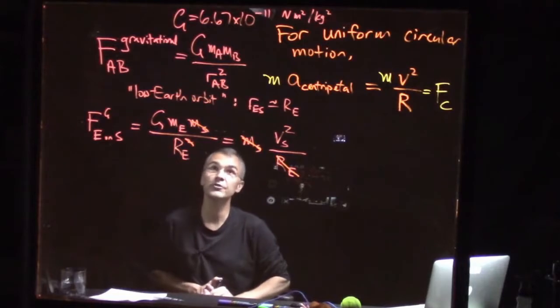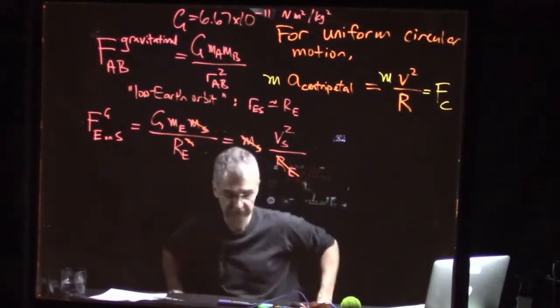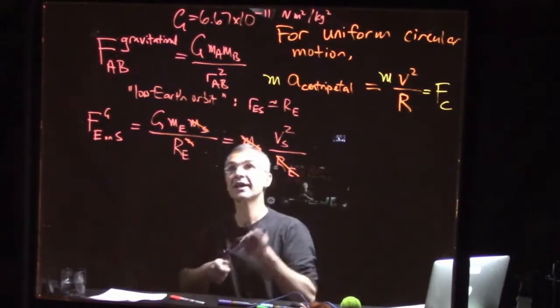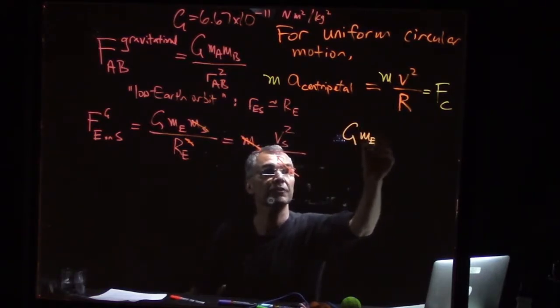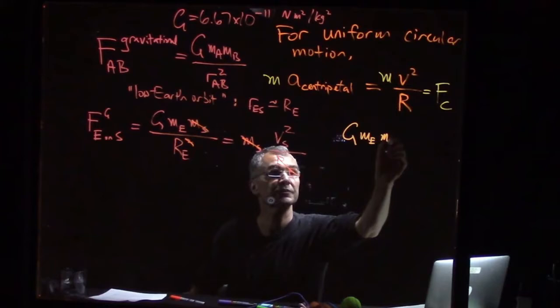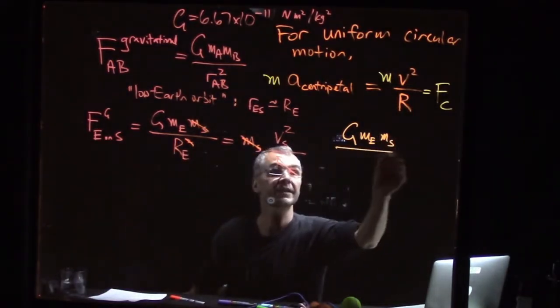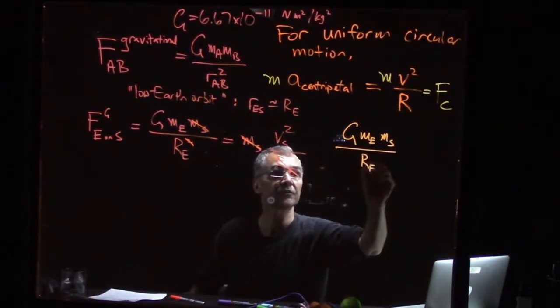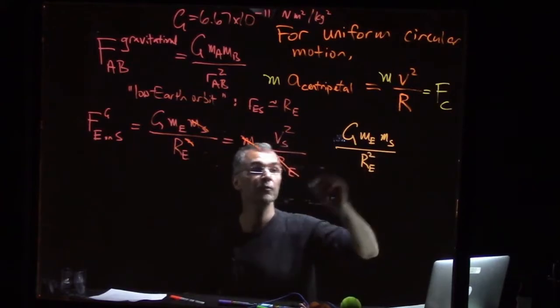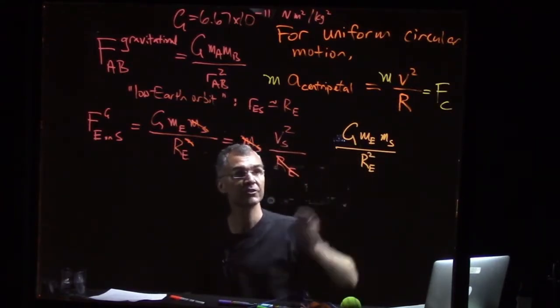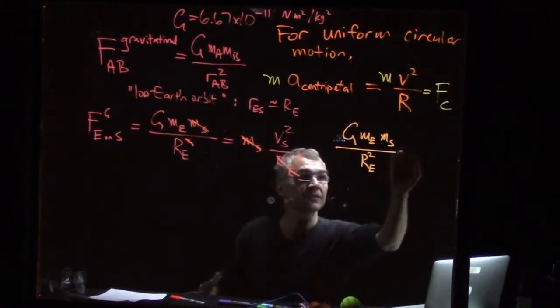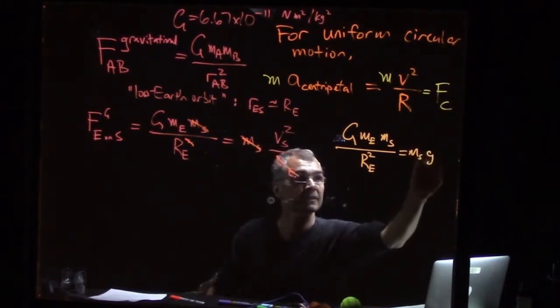Oh, we can use, what the heck, let's use a nasty trick, which is that it turns out that big G times the mass of Earth times the mass of some satellite, if it is at Earth's radius, so when you're standing on Earth right at Earth's surface, the gravitational force between you and Earth just equals your mass times little g.